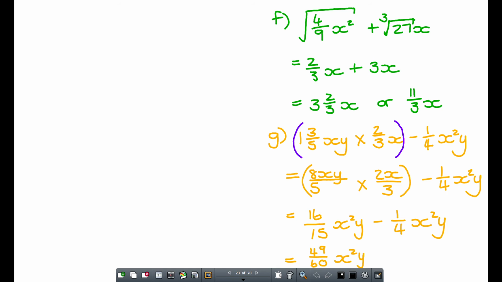Okay, now you'll see that they both have the variable x squared y. So they are like terms. So 16 over 5 minus a quarter. You would first have to make the denominators the same, but I didn't have space left here. You'd make your denominator 60, right? And that means that you'd have 49 over 60. Look at the variable, stays the same, x squared y.